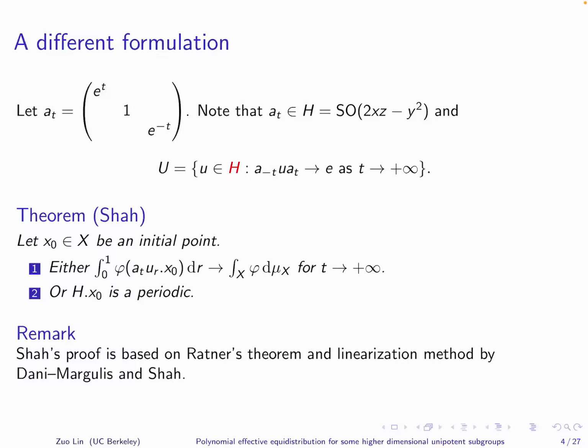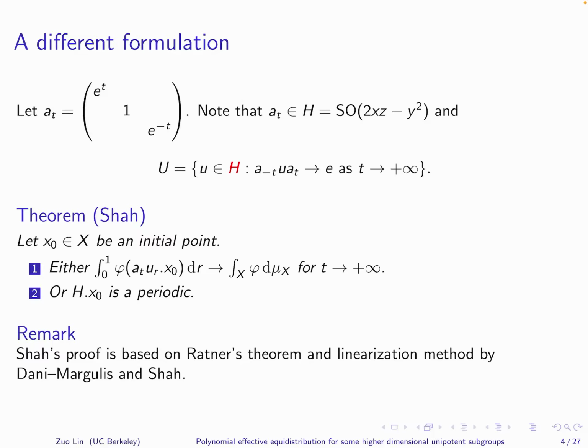Either this average will converge to the space average, as we saw in the previous long unipotent orbit, or it is trapped in some lower dimensional algebraic objects. This H orbit starting at this x0 is periodic, and it forms a lower dimensional submanifold.